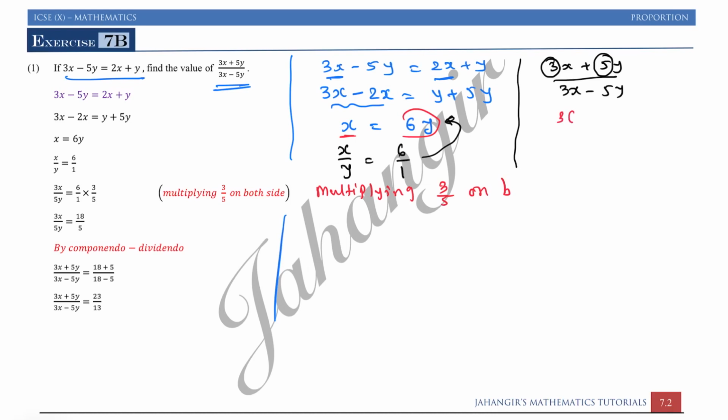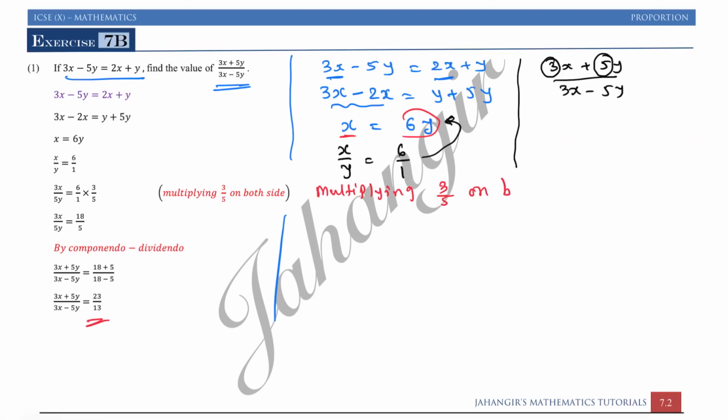So 3 into 6y plus 5y upon 3 into 6y minus 5y. 6 threes are 18, 18 plus 5, 23y upon 18 minus 5, 13y. Y cancels, you will get 23 by 13. That is the answer, but you cannot do it with this method. You have to use properties.